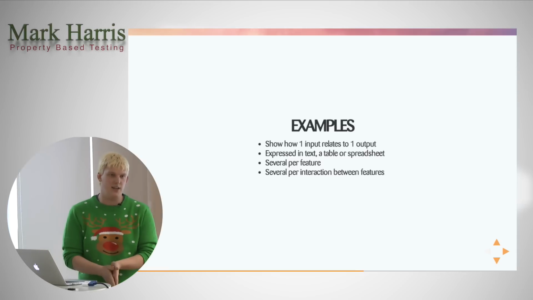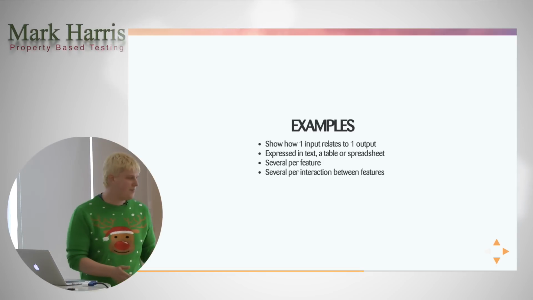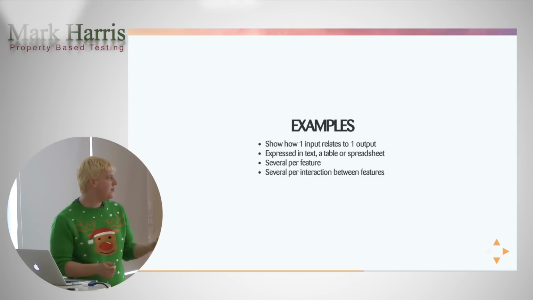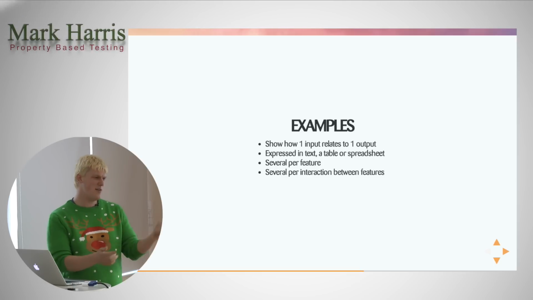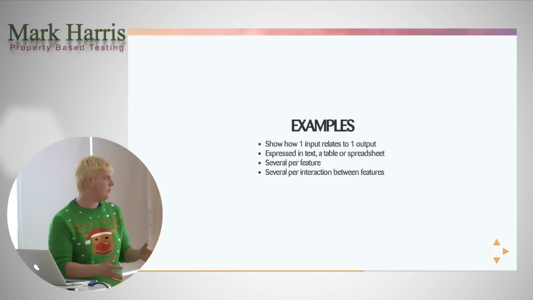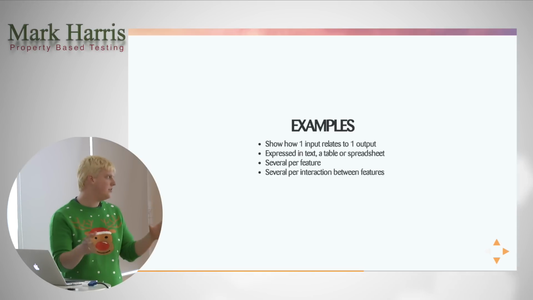So what is property testing? Example-based testing, which is what I've been doing since I've been thinking about tests, shows how a single input to the system, and that might be setting up a bunch of bits of state and then calling some part of your system, relates to a single output. And you can express that in code or in text or in a table or a spreadsheet, and you can have lots of them all pressed together.